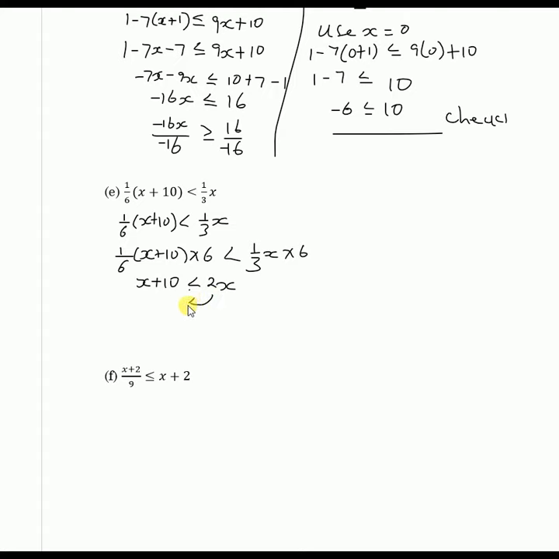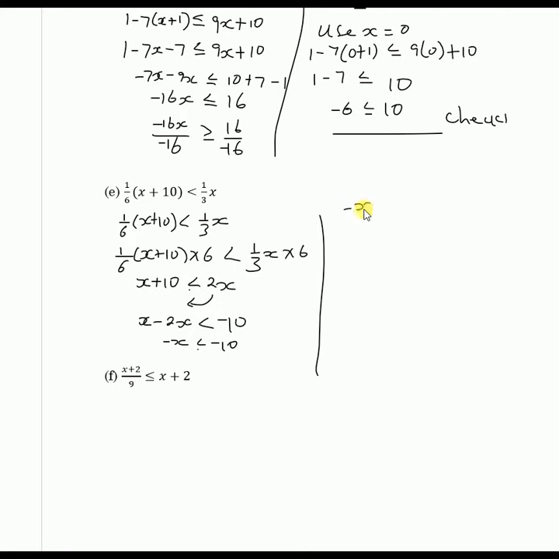We shall have the 2x move to the left hand side, and I have x minus 2x is less than, and the 10 is also moving to the right hand side, crossing it, becoming negative. x minus 2x, that is minus x, is less than negative 10.